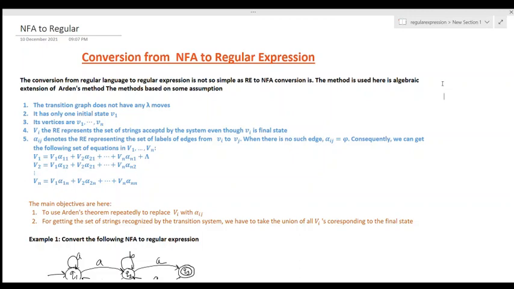NFA to regular expression, for that we have to use the extended algebraic expression of the RS method, which was previously discussed in the first lecture of regular expression.